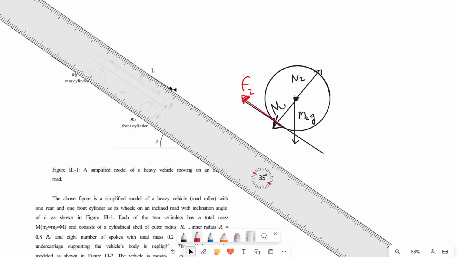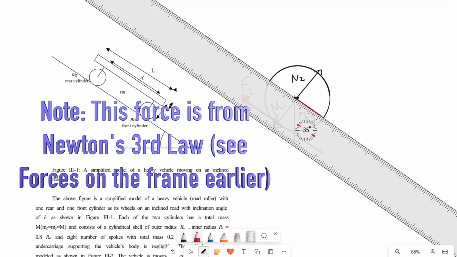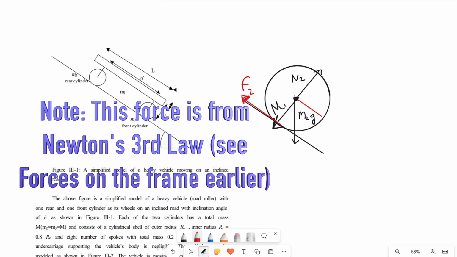There's going to be yet another source of friction at the attachment point. Those free body diagrams in the International Physics Olympiad are pretty tricky, and this is going to be acting this way. Okay, so let's say that this is from the frame onto wheel number 2.